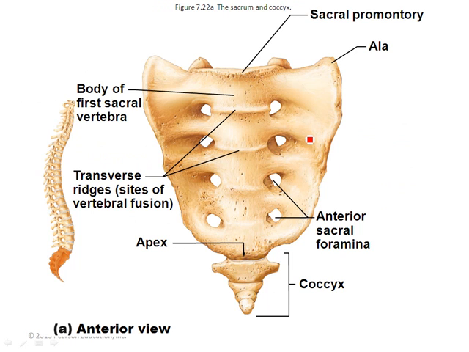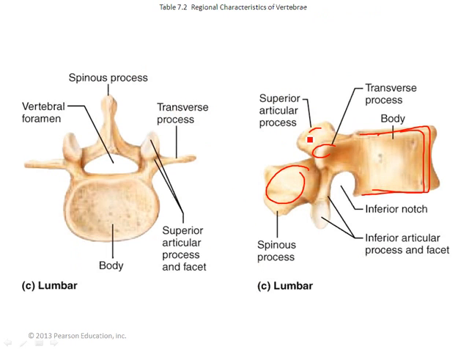Now, one thing you need to make sure that you understand before I move on is what's the top of a vertebra and what's the bottom of a vertebra. So if you see one on a test, and I'm asking you, are you looking at the superior side or the inferior side, which one's which? What you want to do is you want to look at this spinous process. The spinous process should always be below the transverse process. Okay?